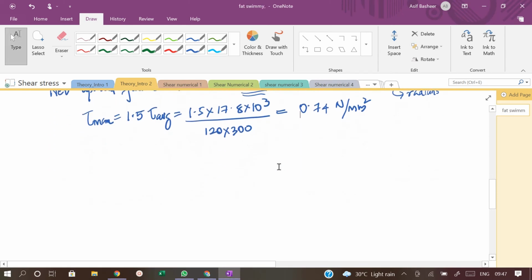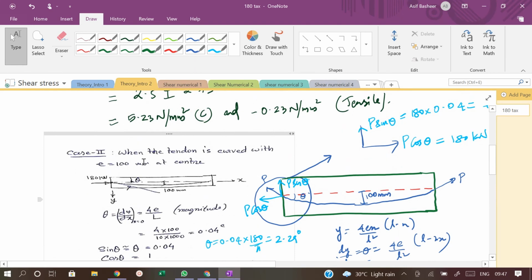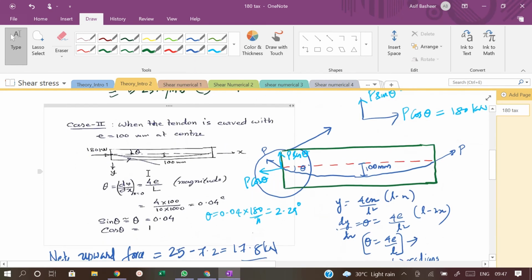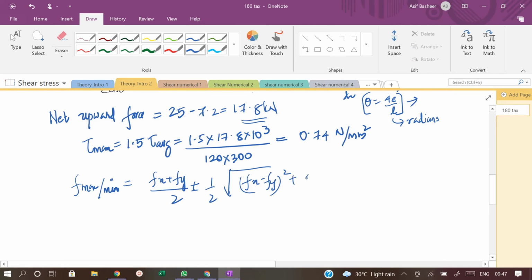Now you will find the value for your maximum and minimum principal stress, F max and F min. Here also it's not given that there is any vertical pre-stressing force, so I can take Fy as 0. That is Fx plus Fy by 2 plus or minus 1 by 2 root of Fx minus Fy the whole square plus 4 tau v square.